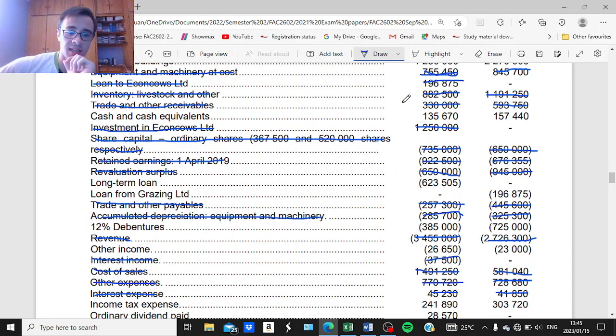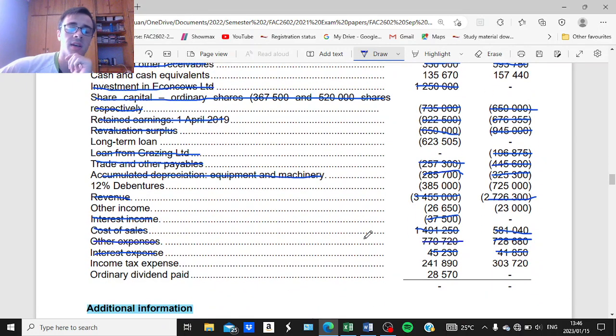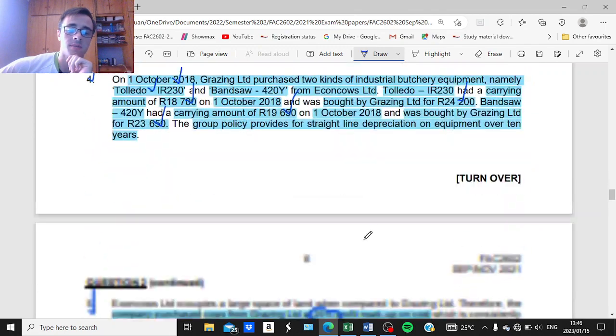In the subsidiary's records, it is disclosed as a non-current liability, the loan from Grazing Ltd, 196,875. These two will just be eliminated against each other for consolidation purposes. Right, no adjustment is needed in that regard.